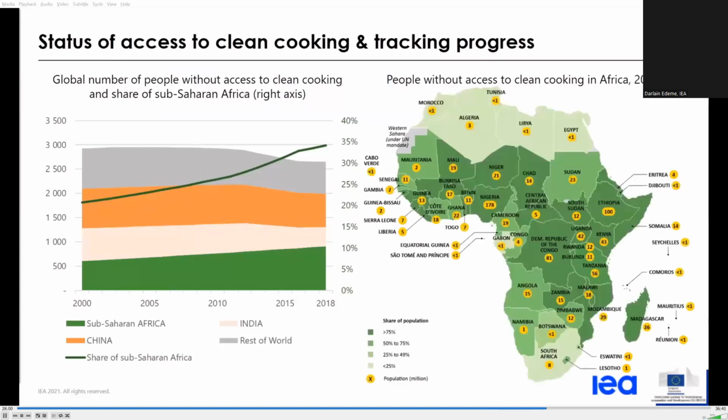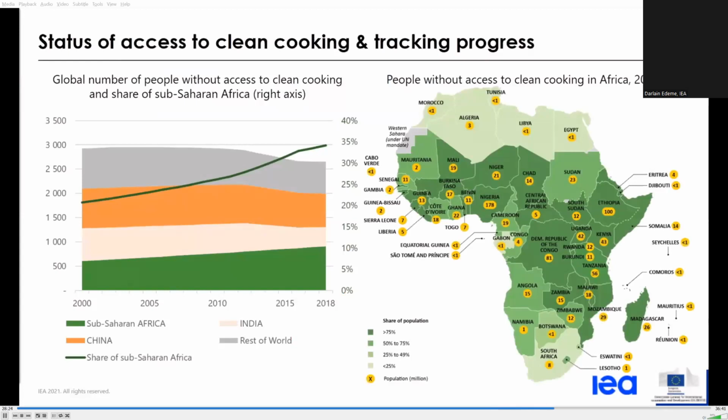The IEA has been working on energy access issues on the continent for nearly 2 decades. Africa's population is among the fastest growing and youngest in the world. The situation for clean cooking is more concerning, as the number of people gaining access barely exceeds population growth.